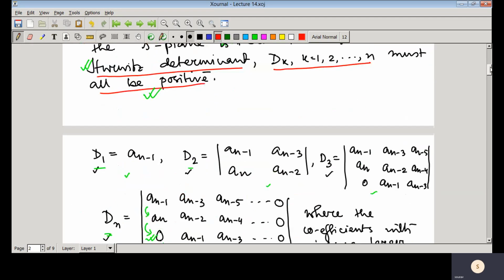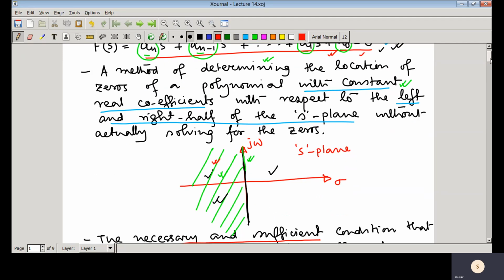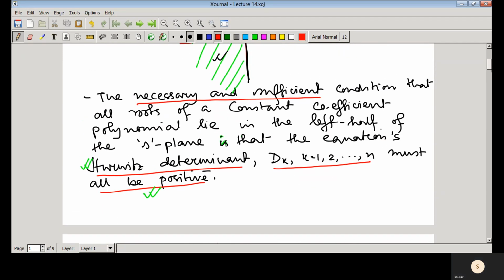Today we started with the Routh-Hurwitz criteria, and this particular method is used to find how many poles are in the left half of the S-plane or the right half of the S-plane. That means the boundary is the imaginary axis, and it has some limitations. One major limitation is the polynomial should have real coefficients, and the second is that it gives the necessary and sufficient condition. That means all Hurwitz determinants should be positive.